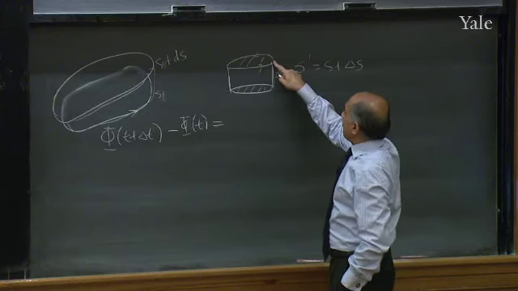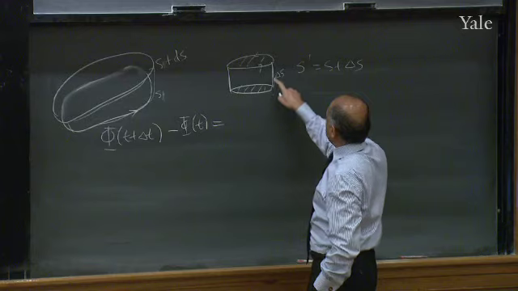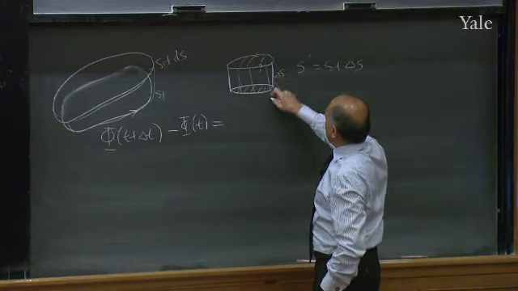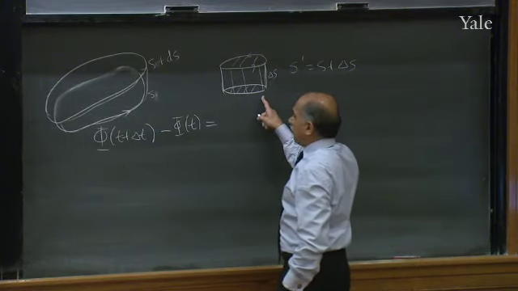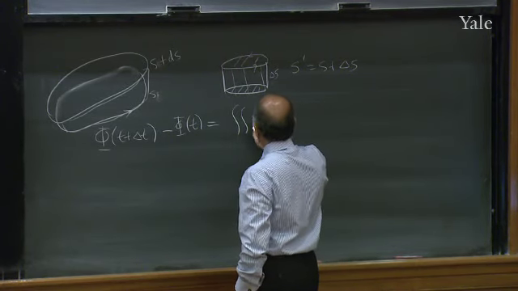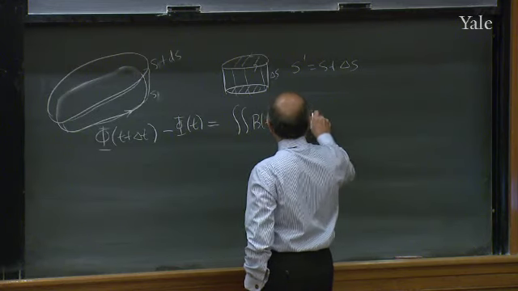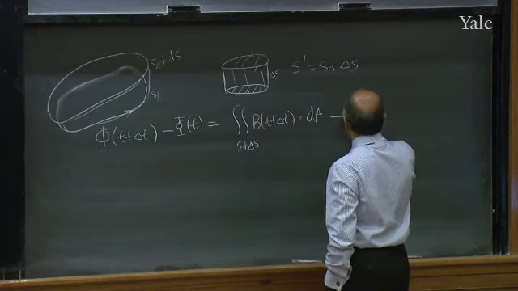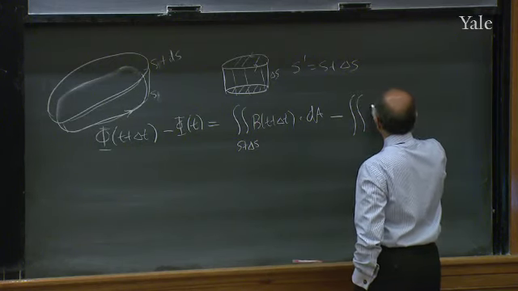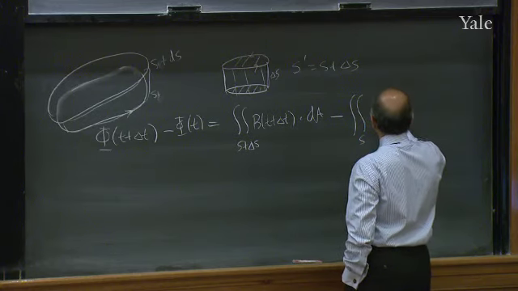But rather than that surface, I'm going to use the old surface plus the patch job to make it into the new surface. Okay, so therefore, I want the magnetic field at t plus delta t on the surface S plus delta S, minus the integral of the magnetic field dA on the old surface at time t.